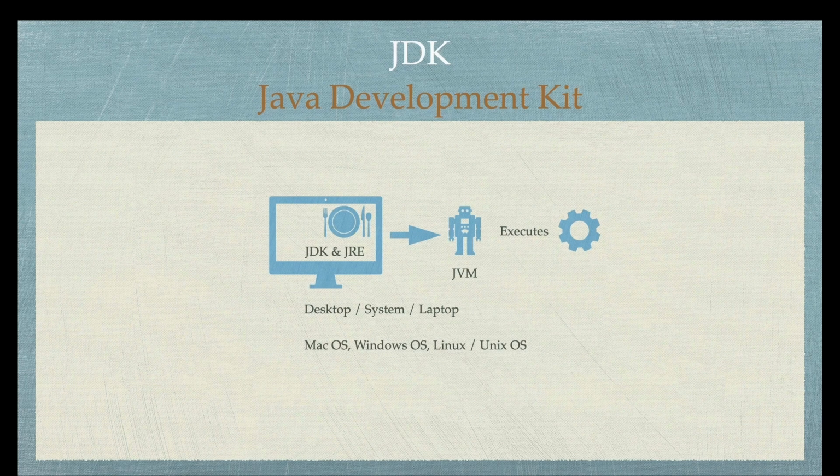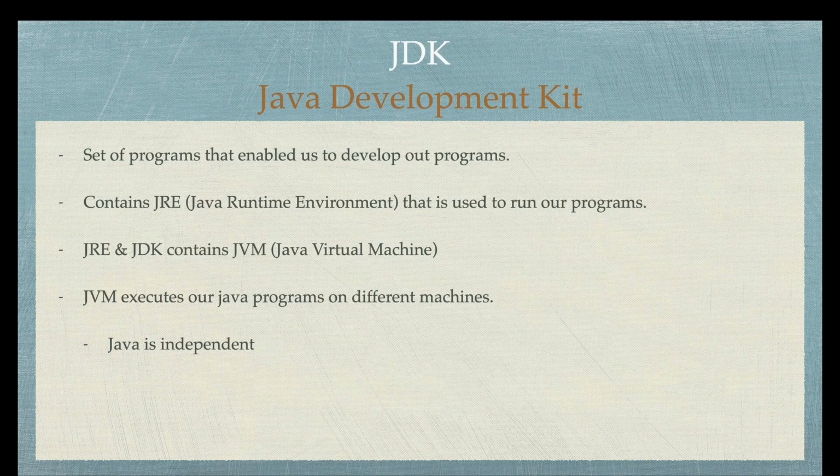Correct. So imagine this is your system, either a laptop or a desktop. You first need to install the JDK, which can be downloaded from the Oracle website. This JDK contains a set of predefined programs and libraries that you can use to build your programs, and it also has the Java Runtime Environment or JVM, which will compile your program and run or execute it in a virtual environment. Due to this virtual environment, Java can execute your program on different machines.